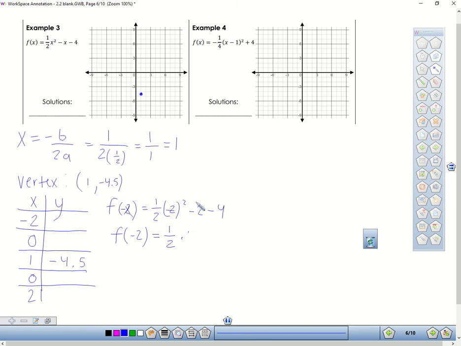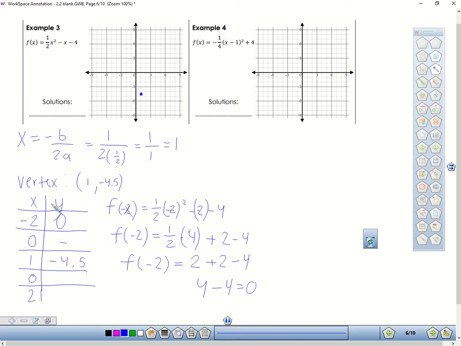Wait a minute. I plugged in a negative, so this has to be negative, yeah. So 1/2 times 4 plus 2 minus 4. That's f of negative 2 equals 2 plus 2 minus 4. That's going to be 4 minus 4, which is 0. So right off the bat, I get 0 for my y value.